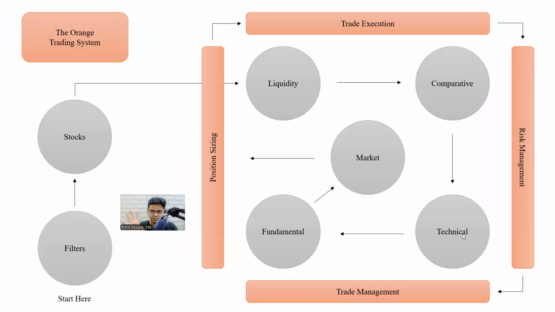The Orange Trading System does not change. It's a flexible system. You can use this system the way you want. You can tinker with filters. You can tinker with criteria. But the more you tinker, the more you deviate from the criteria that I have given you, the more risk you are taking. As long as you are aware of the risk, it is fine. But if you are tinkering with this system without awareness of increased risk, that is not professionalism.